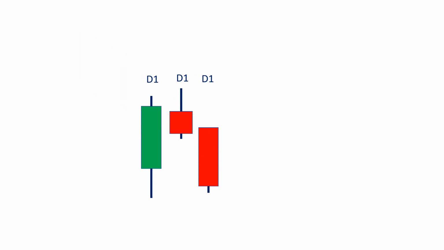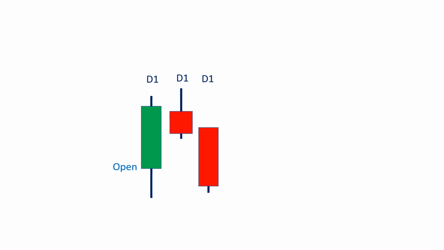Let's assume we have three candles in line. The first one is a bullish candle with D1 time frame. The second one is a bearish candle with D1 time frame. And the third one is another bearish candle with the same D1 time frame. To blend these three candles is very easy.